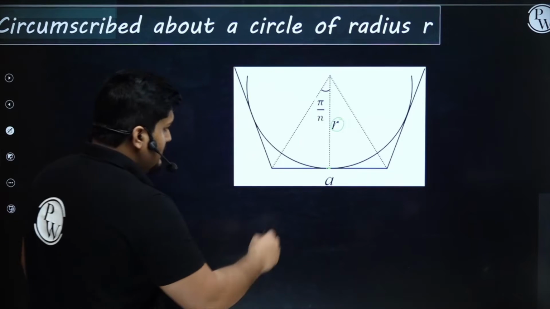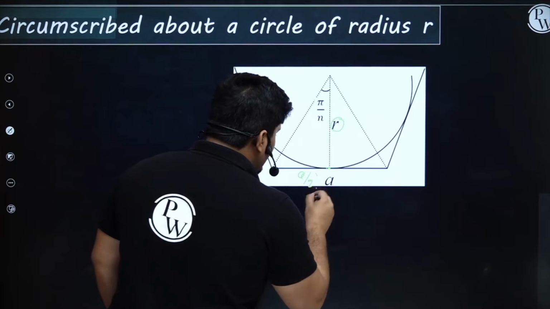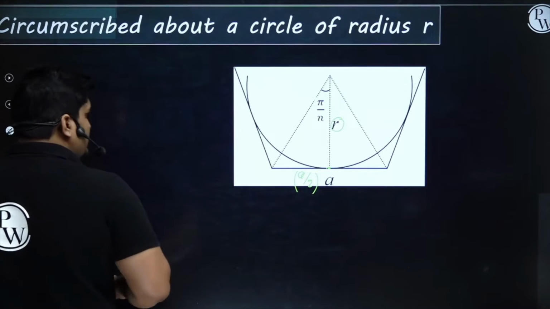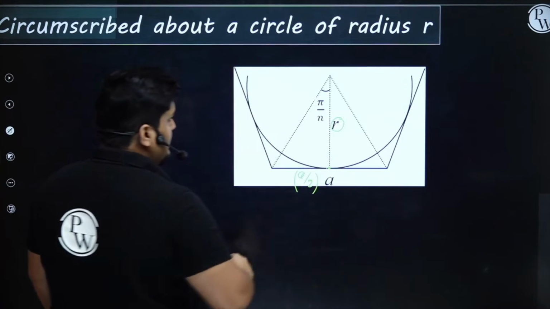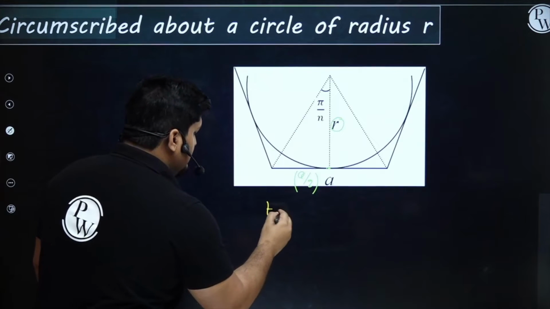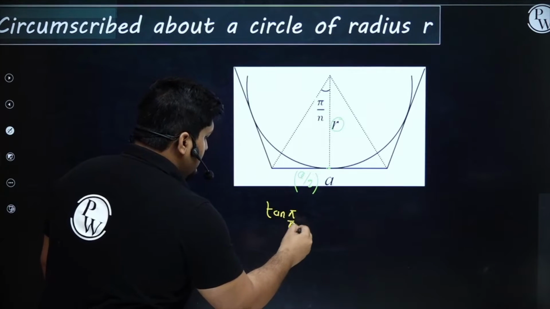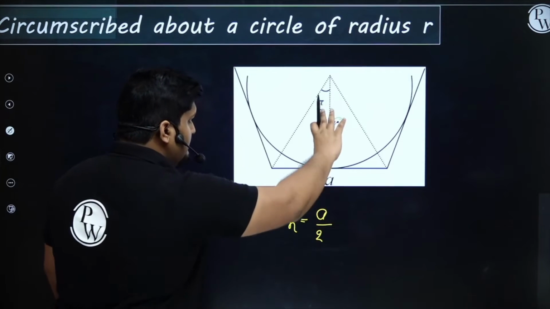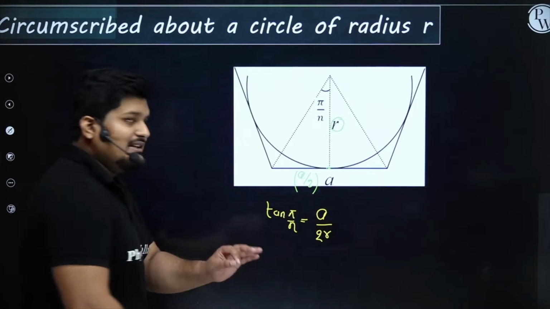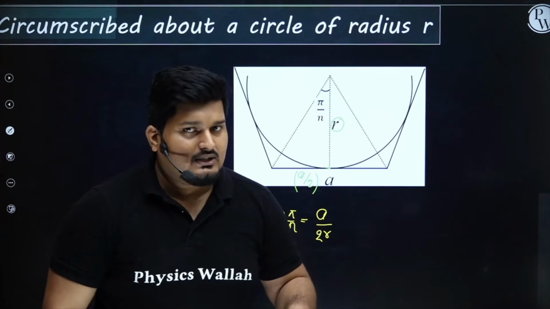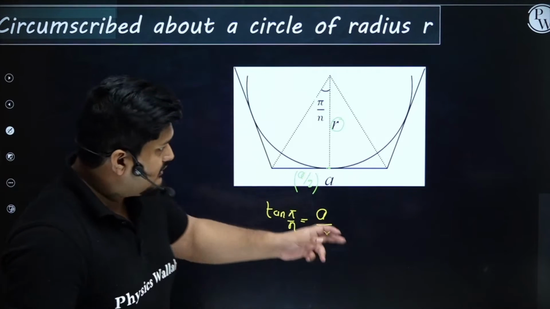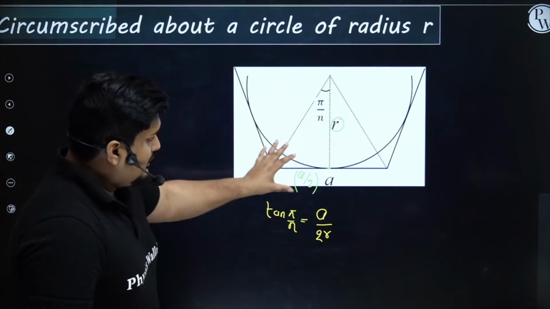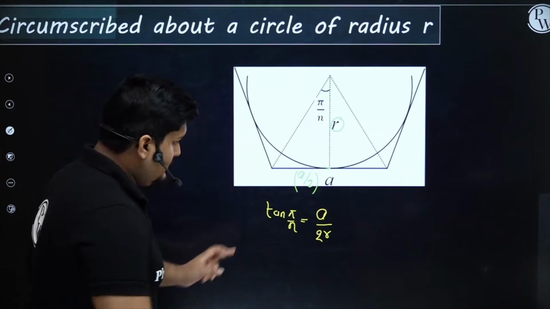Again the bisection will take place, it is a by 2. What is the difference here? This time we have to use tan. Tan pi by n will be equal to perpendicular, which is a by 2, over base, which is r, where r is the radius of the circle that touches the side of the polygon circumscribing it. So tan pi by n equals a by 2r.